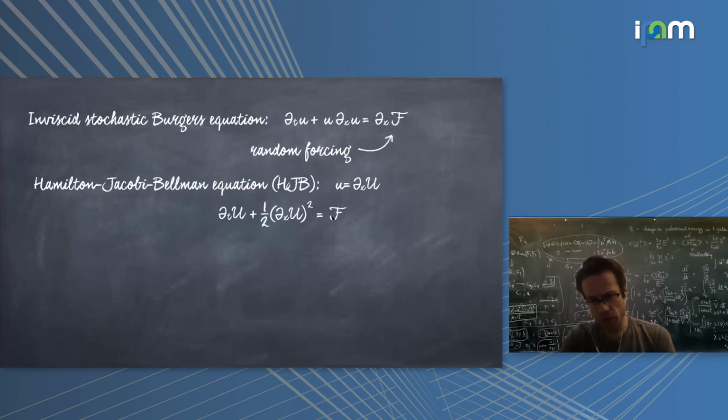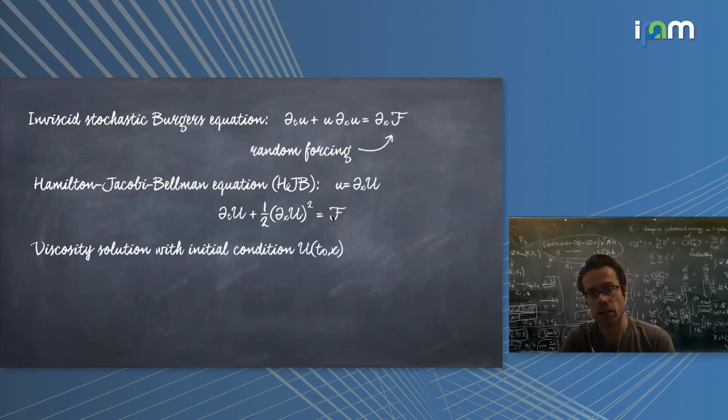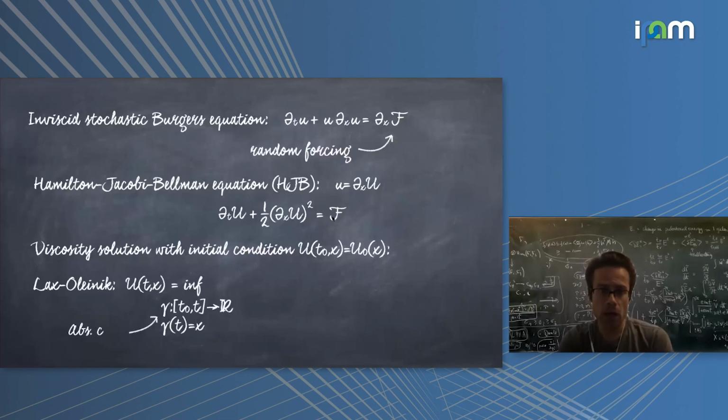You can solve this equation and get the viscosity solution using the Lax-Oleinik variational formula. If you give me an initial condition at time t naught, then the way you find the solution at a later time t and spatial point x is by taking a minimum over nice curves starting at time t naught and ending at time t at point x.